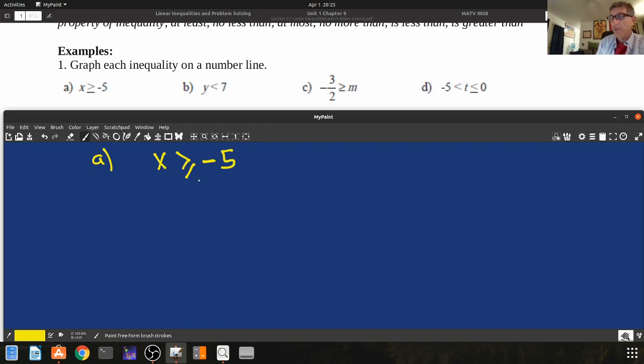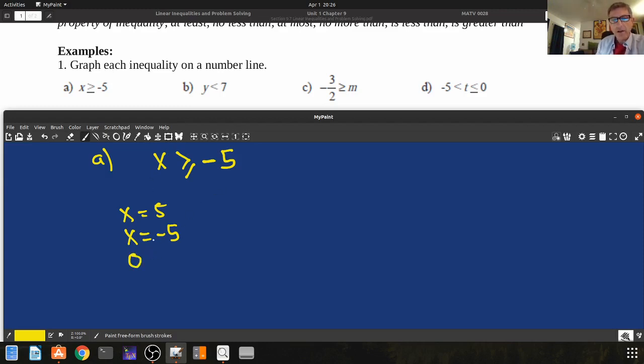There's an awful lot of numbers x that make this a true statement. If x is 5, then that's a true statement because 5 is greater than or equal to minus 5. Indeed, x equal to minus 5 also makes this true because minus 5 is greater than or equal to minus 5.